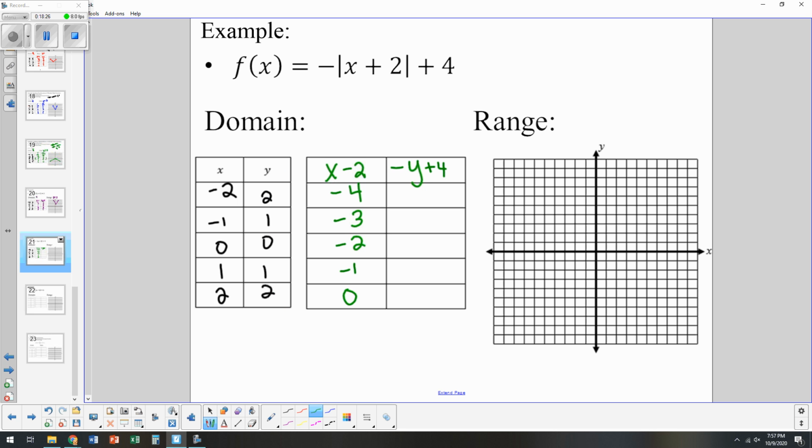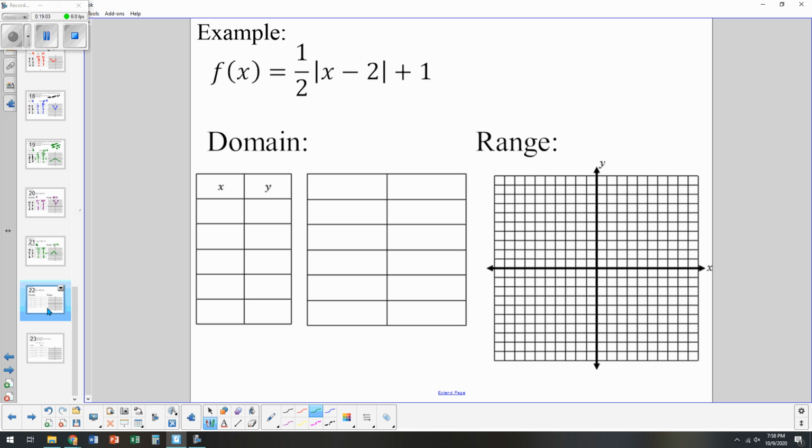So negative 2 plus 4, negative 1 plus 4, 0 plus 4, negative 1 plus 4, negative 2 plus 4. So I have negative 4, 2, negative 3, 3, negative 2, 4, negative 1, 3, 0, 2. So that is my absolute value function. Domain was all real numbers, pointing down, so less than. And the highest value here was 4, right? Got that from there.